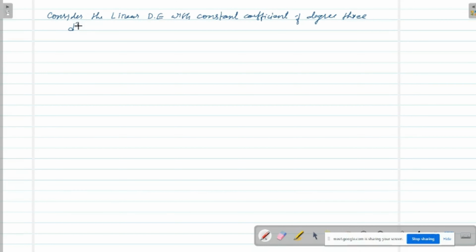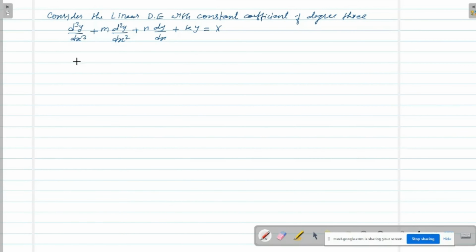d cube y by dx cube plus m d square y by dx square plus n dy by dx plus ky, and this is equal to x. Okay, so this is the linear differential equation with constant coefficient of degree 3.